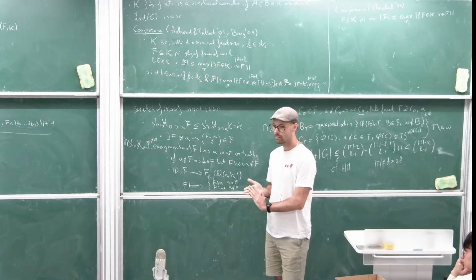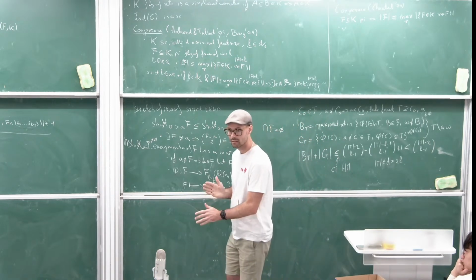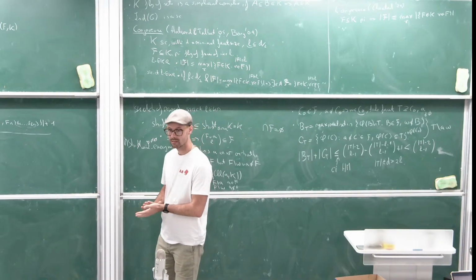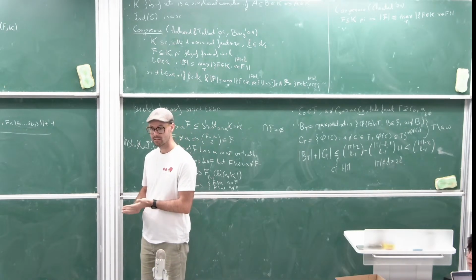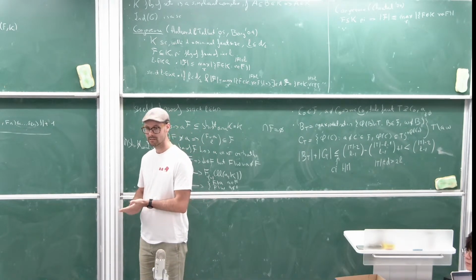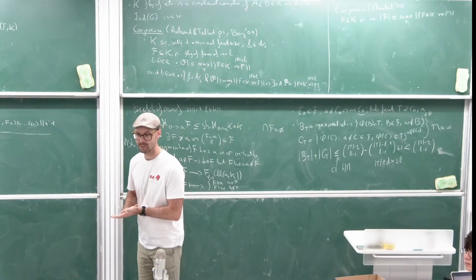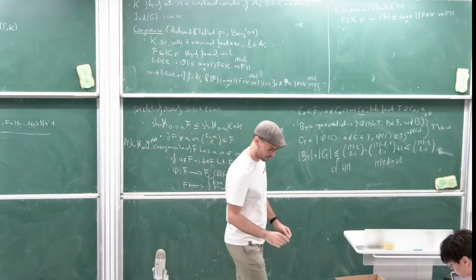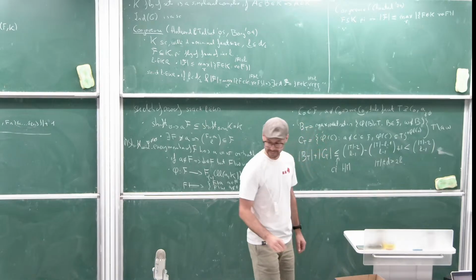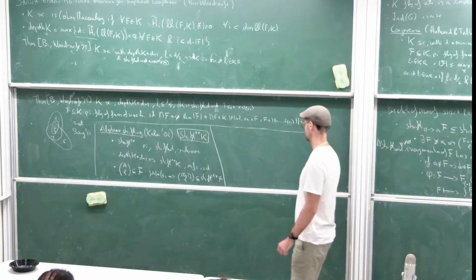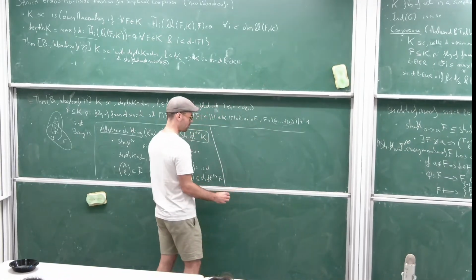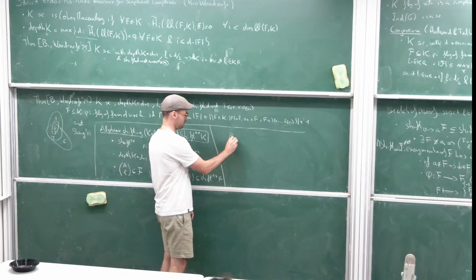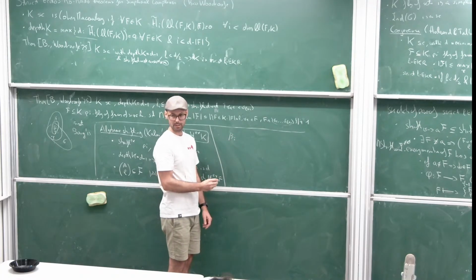Any questions? You mentioned that this question has something to do with homology. Yes. Does it have anything to do with cohomology? With cohomology. Yes. Thank you. So in this case, we only care about actually the Betti numbers.